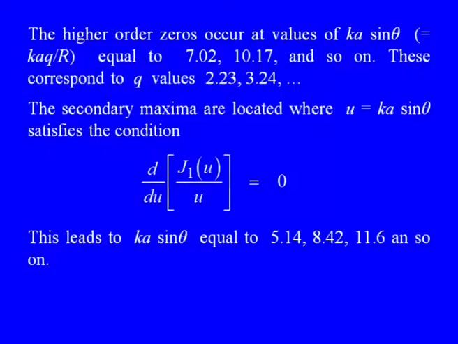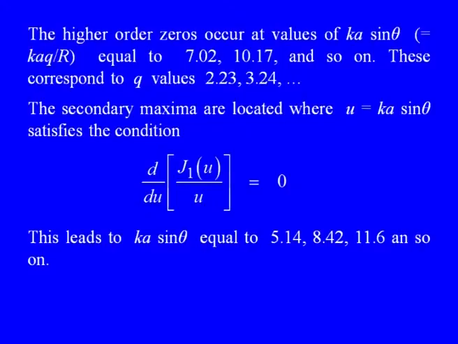But then the next zero is at 7.02, 10.17 and like this. If we divide these by pi, they correspond to the values 2.23, 3.24. Remember, in the first case it was 1.22.